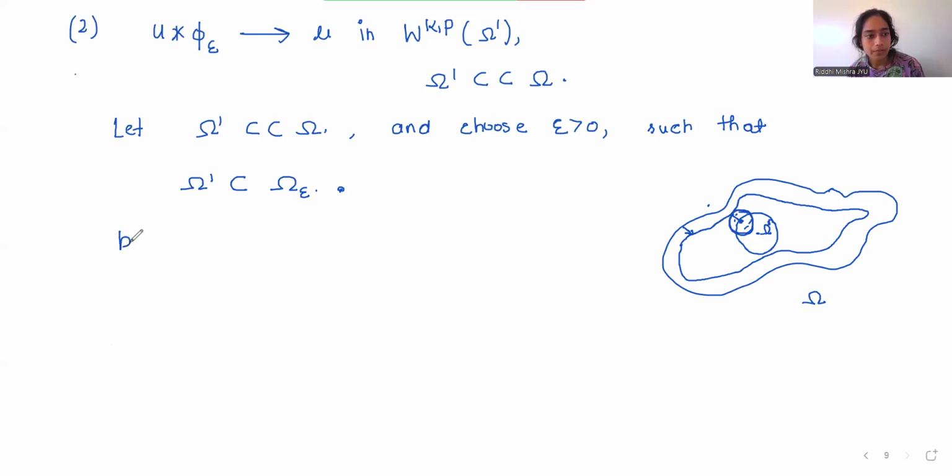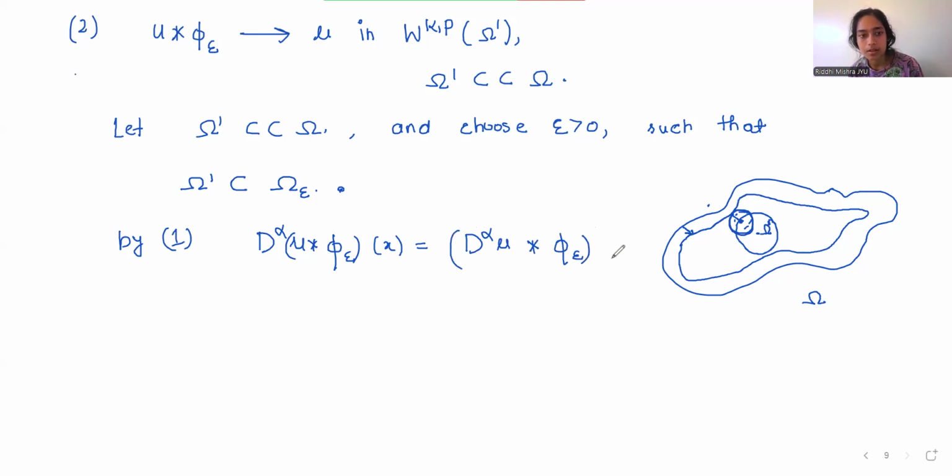And now by (1) we have D^alpha (u convolved with phi epsilon)(x) equals (D^alpha u) convolved with phi epsilon, and this we have for x in omega prime.